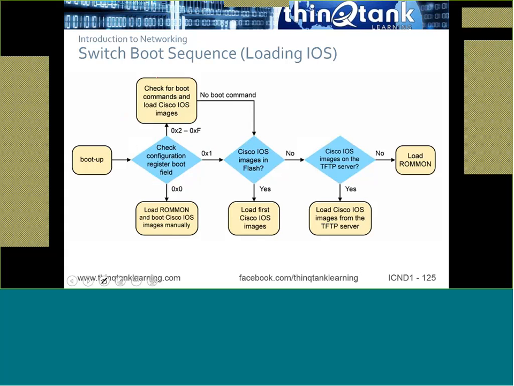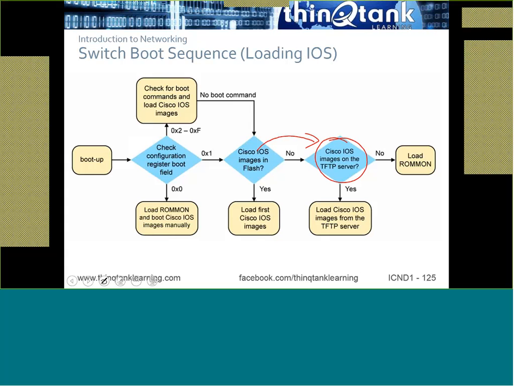If it cannot find an image in flash, it says, okay, can I load an IOS image from a TFTP server? Which, by the way, is also something that's not configured by default. You have to set up the TFTP parameters for that to work, which is a protocol that we use to get information over the network.